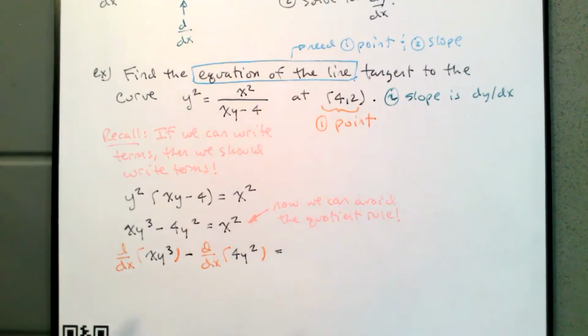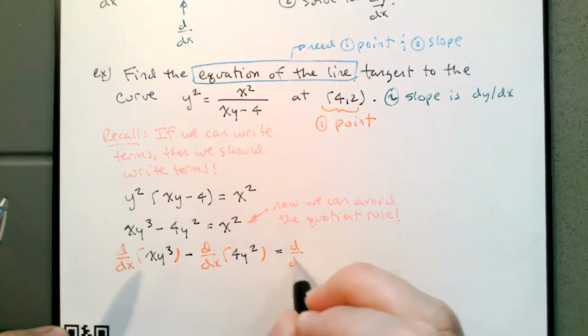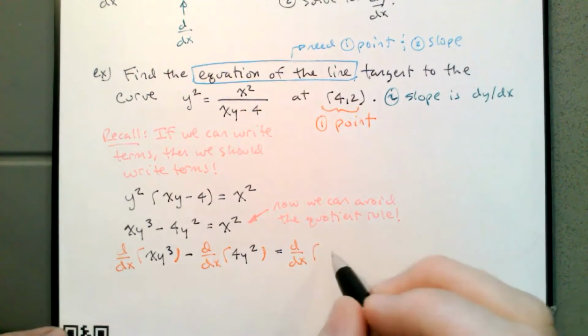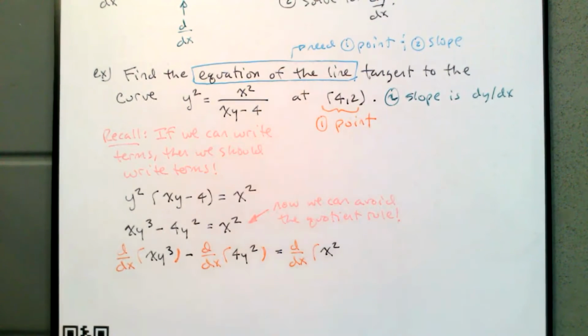And this will be equal to the derivative with respect to x of x squared, which is the most normal term in this equation.